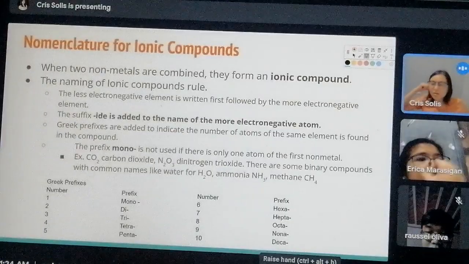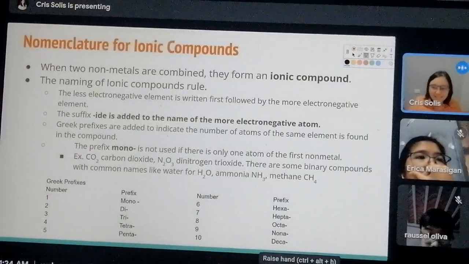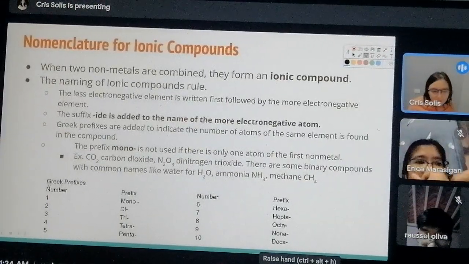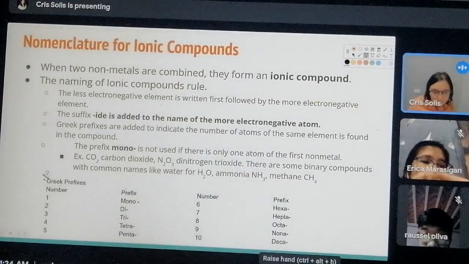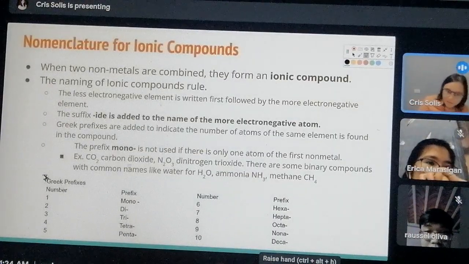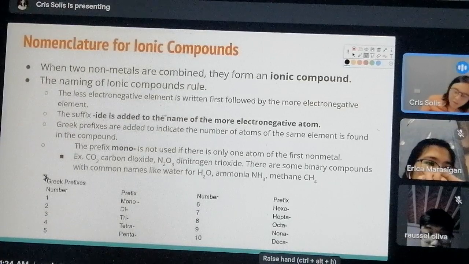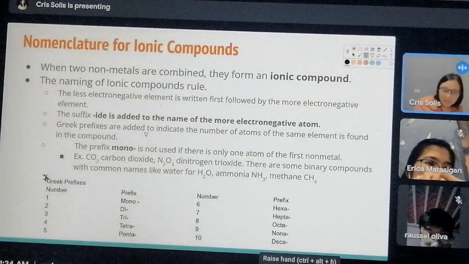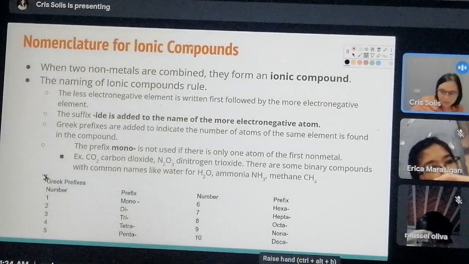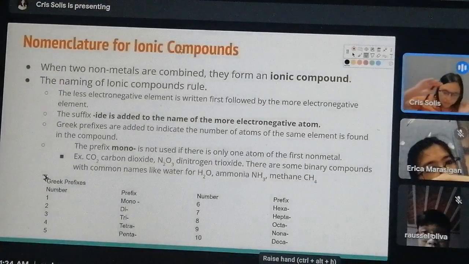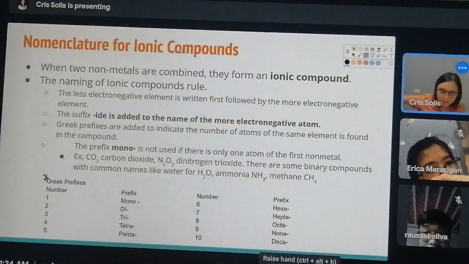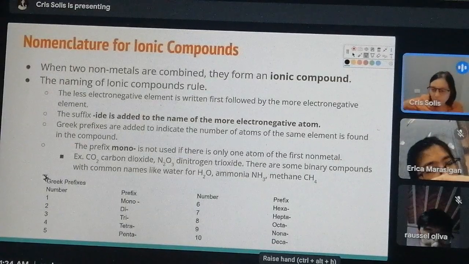Next tayo. Ito, sobrang dali lang nito. As in, literal na napakadali. You just have to memorize the Greek prefixes. So, here, when we say ionic compound, we are combining non-metallic elements together. So, sino-sino yung mga yan? Those that are found on the upper right side of your periodic table.